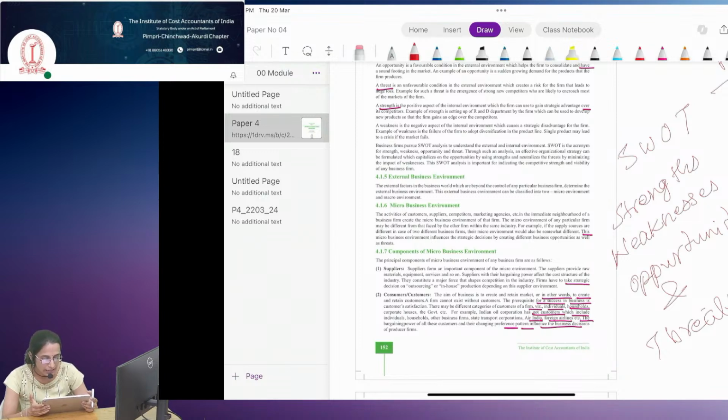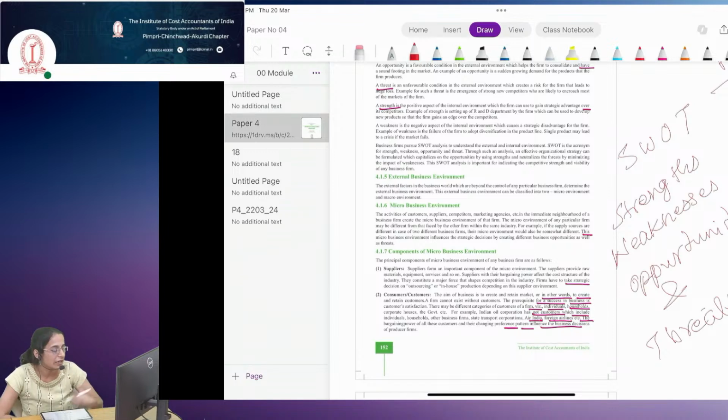Through such an analysis, an effective organizational strategy can be formulated which capitalizes on the opportunities by using strengths and neutralizes the threats by minimizing the impact of weakness. This SWOT analysis is important for indicating the competitive strength and viability of the firm. See, how will the SWOT analysis help the organization? When the organization knows what are its strengths, it can use these strengths to create opportunities and utilize these opportunities.